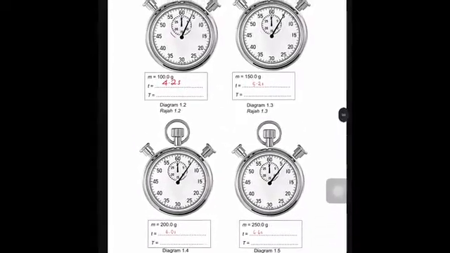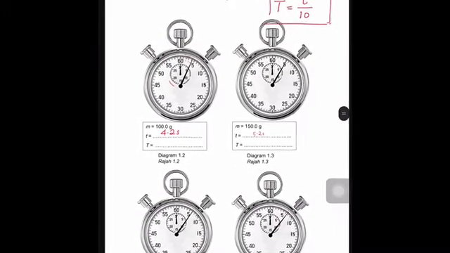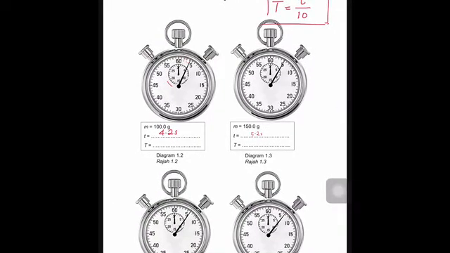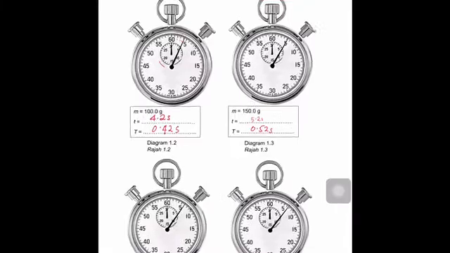So by using your calculator, what do? You don't have to use the calculator lah. Looking at the answer, you can already answer. Just move your decimal point 1 place towards your left. That is divide by 10. So 0.42 second. This one 0.52 second.